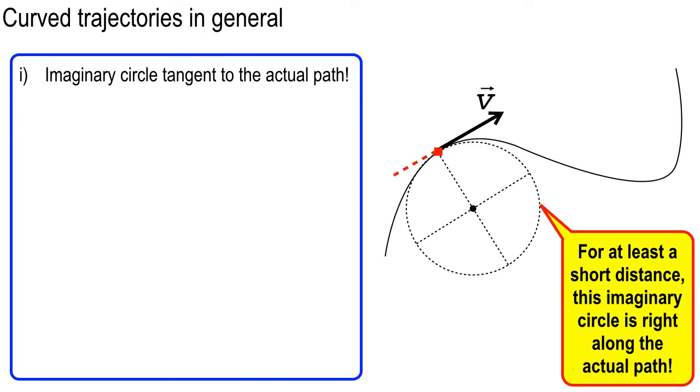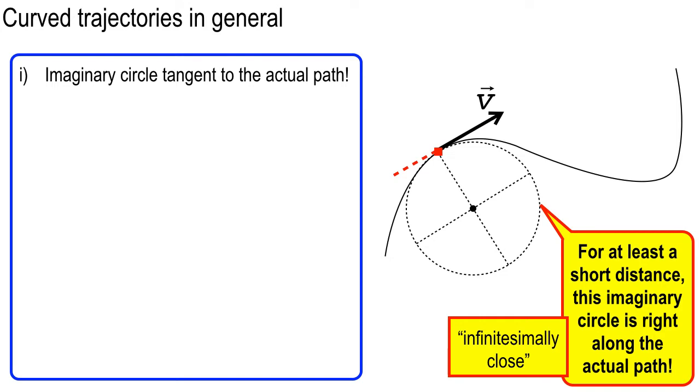Even though the path is not a perfect circle, for an infinitesimally small neighborhood, it's a pretty good approximation. That's what the math department would say: infinitesimally close or infinitesimally small.